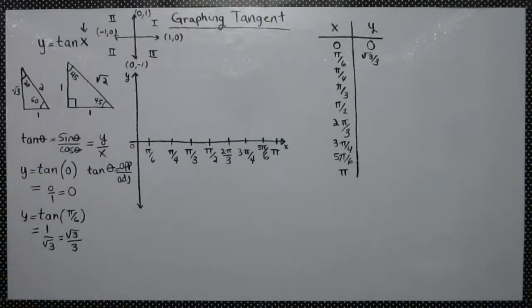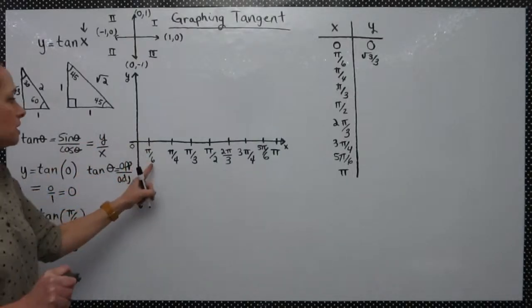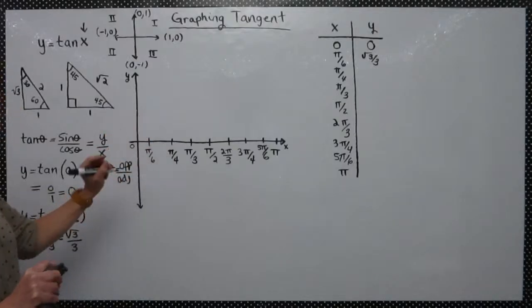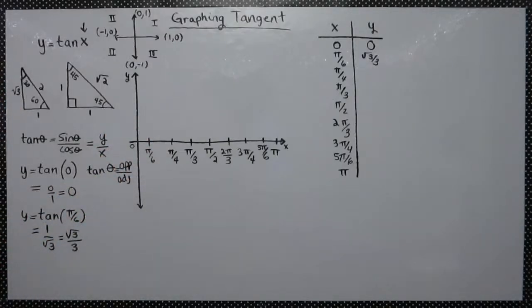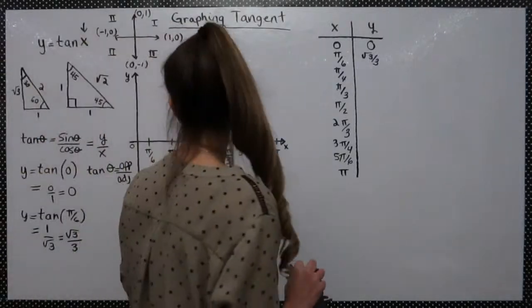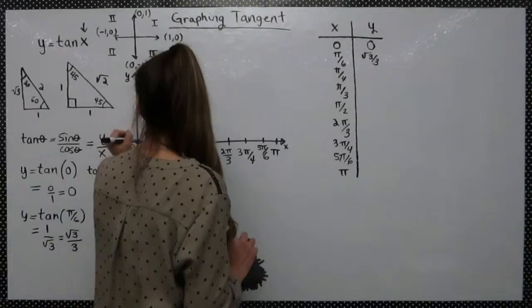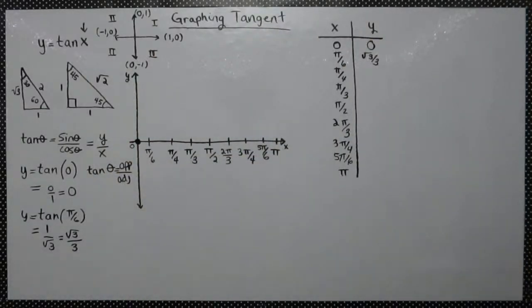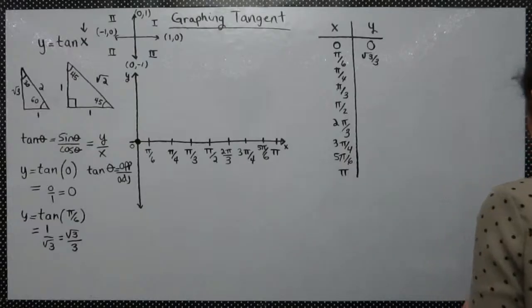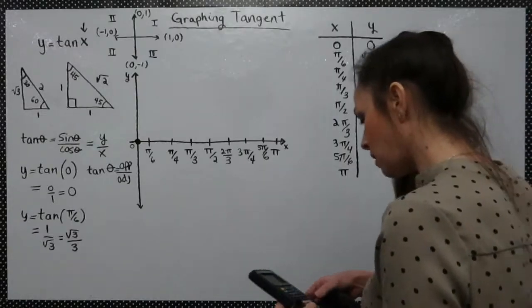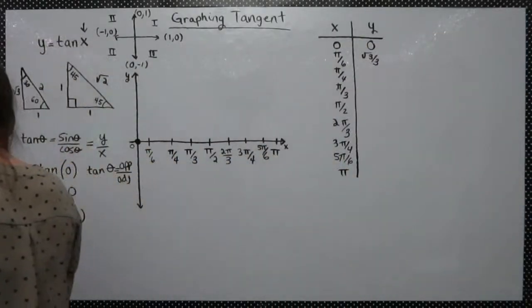So at pi over 6, I have a y value now. Let's go ahead and plot them out as we go. So we've got that value right there, 0, 0. And then in order to figure out exactly what square root of 3 divided by 3 is, I would have to go ahead and plug it into my calculator.